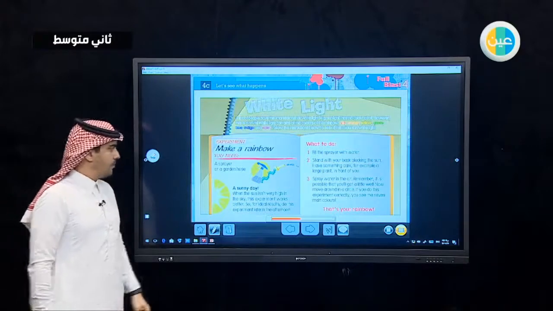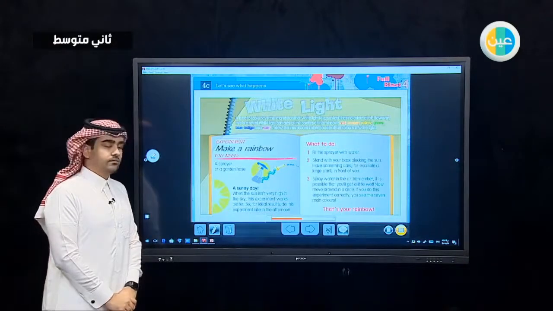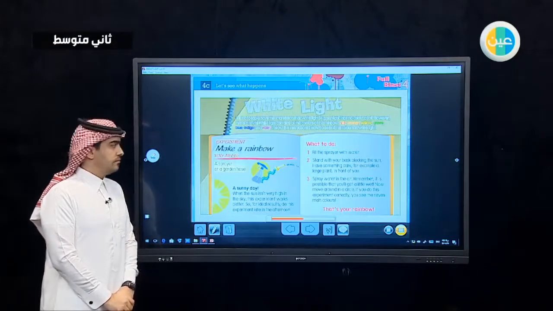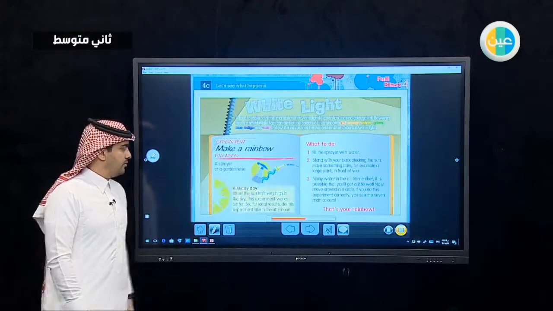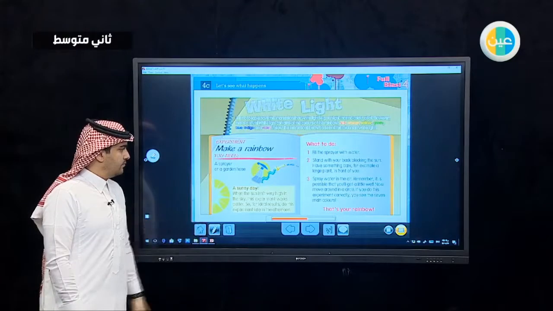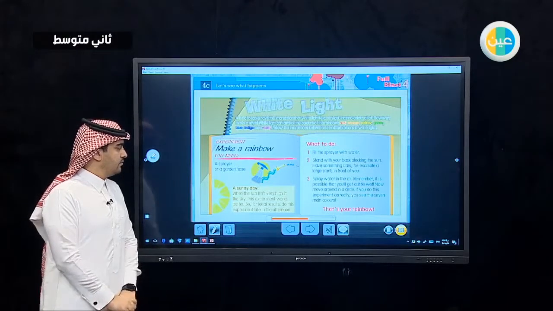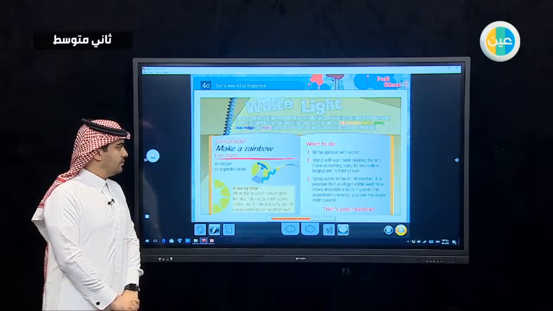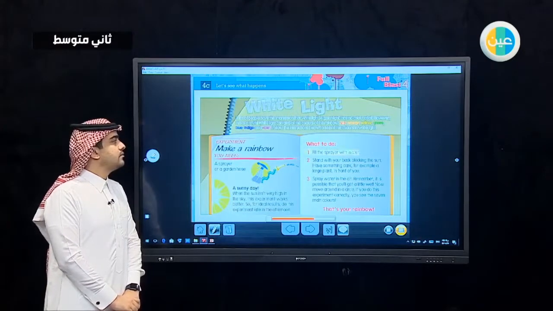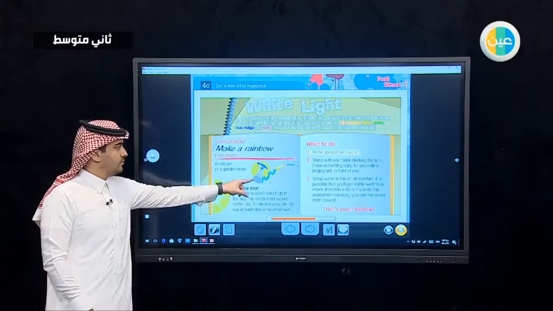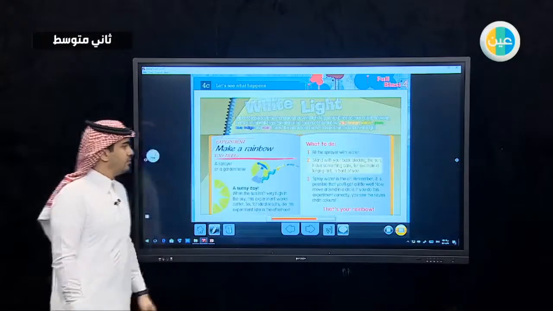Experiment. Make a rainbow. You need a sprayer or a garden hose, a sunny day. When the sun isn't very high in the sky, this experiment works better. So, for ideal results, do this experiment late in the afternoon. What to do? 1. Fill the sprayer with water. 2.